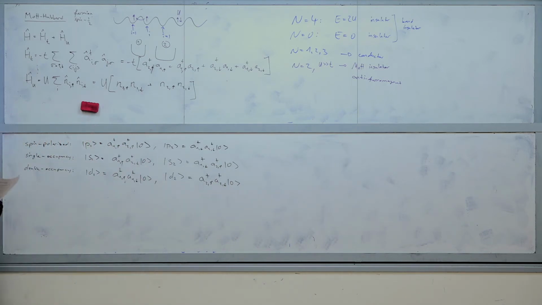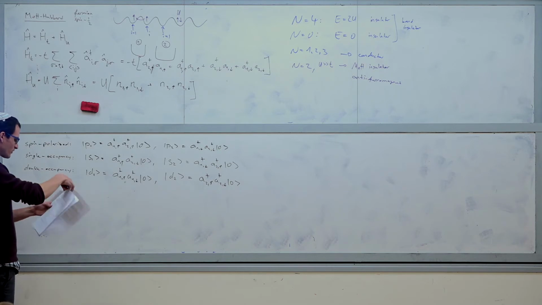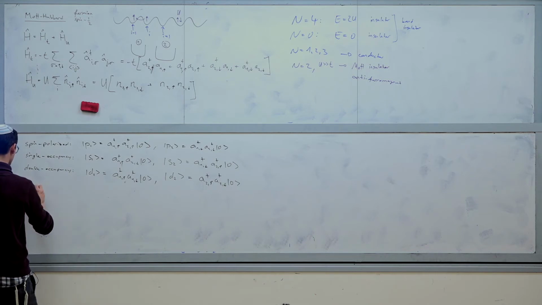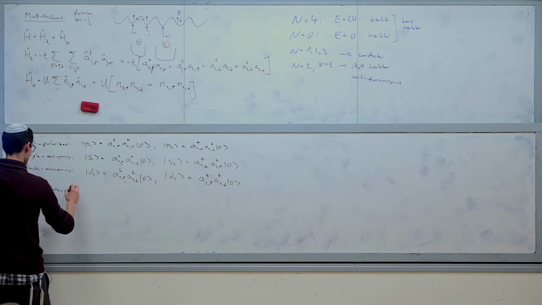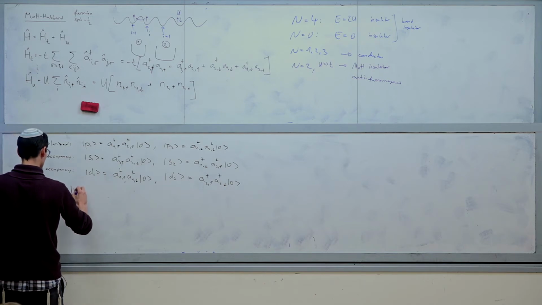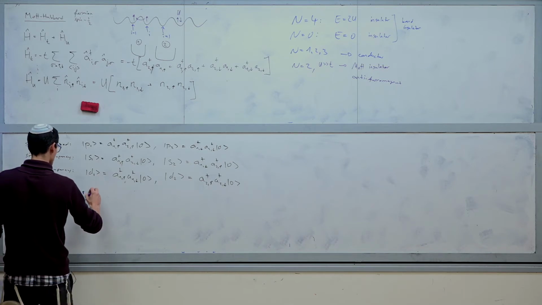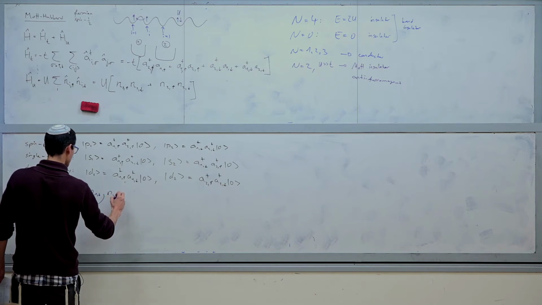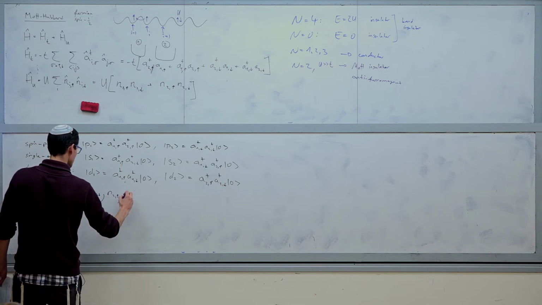I now adopt the convention for the Fock states. I'm going to write the Fock states as the number of particles on lattice site 1 in state up, and then 1 and down, and then 2 and up, and then 2 and down.